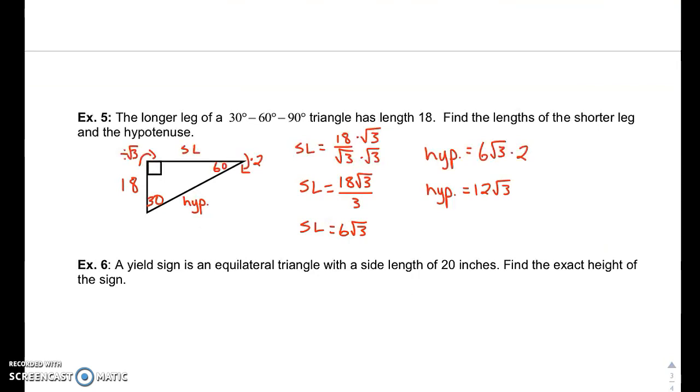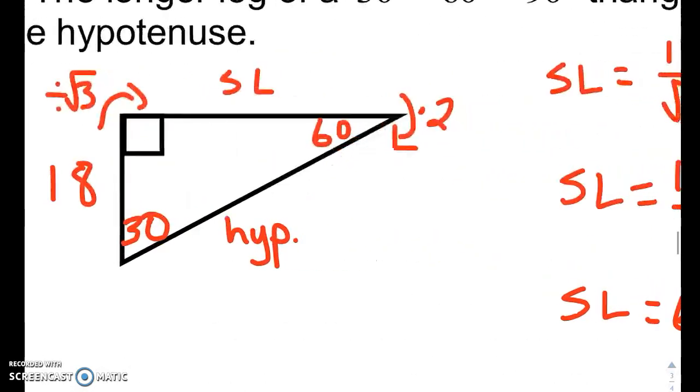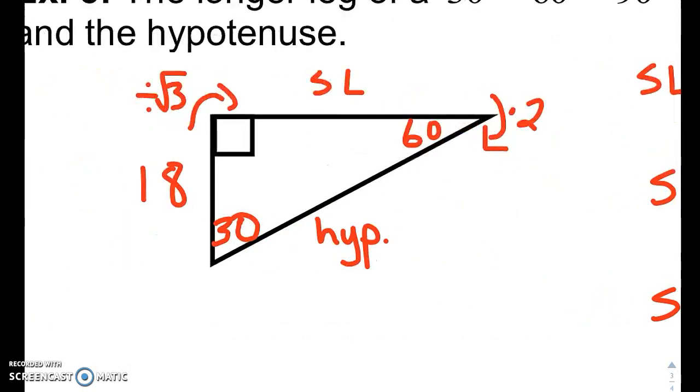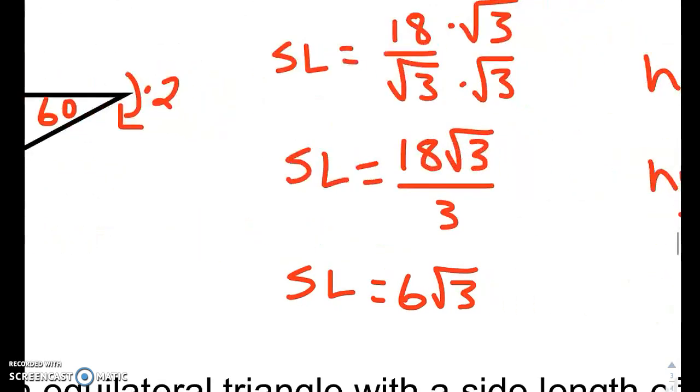So if you notice, the biggest first thing right here was that I switched up the labels on you. So the 60 was your long leg, which was 18. So across from it was 18, and the short leg was across from the 30. Going from long leg to short leg, we divide by radical 3.